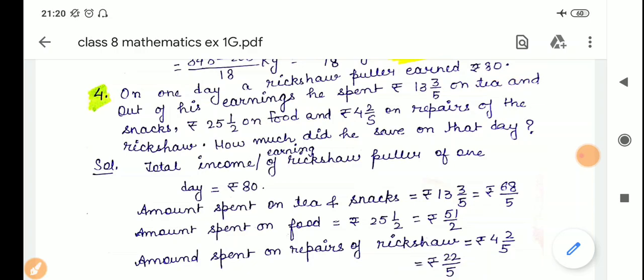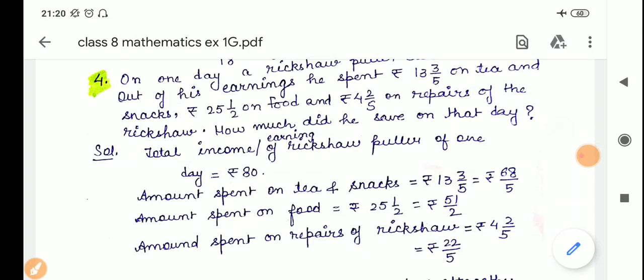Clear? So here also, from 100 we will minus 50 and your 20 rupees. So 70 rupees spent, so 30 will be the saving.